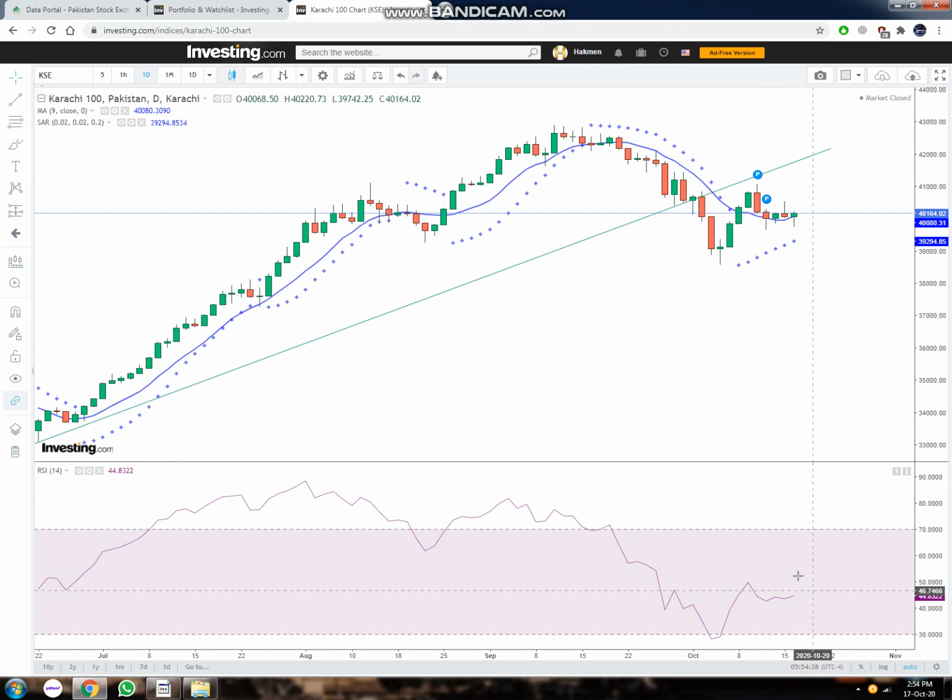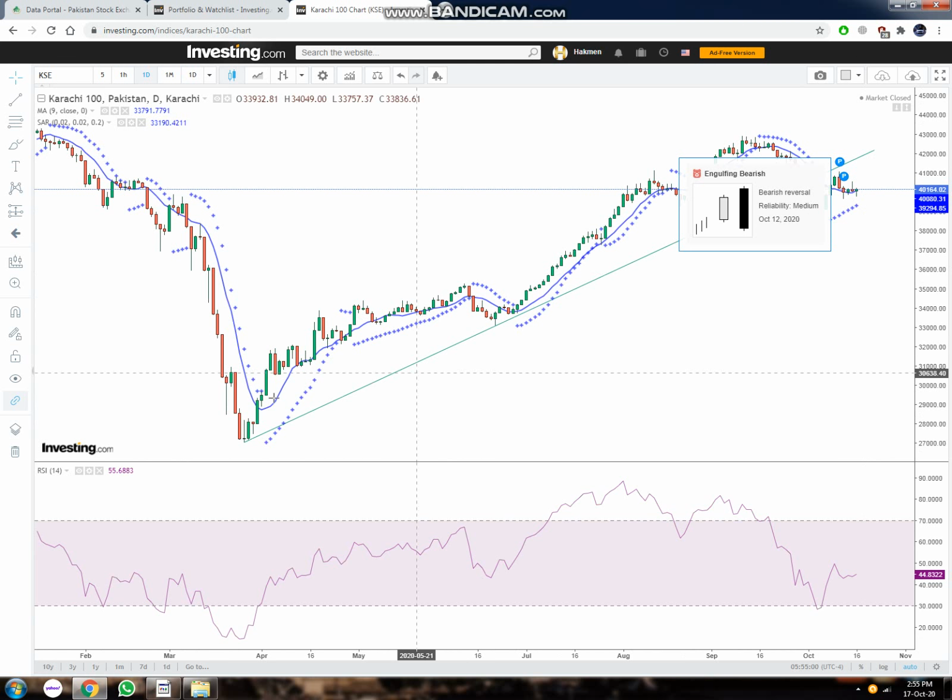It acts as an oversold area at the 44 level, and now it is a bit upward, but we can't consider it bullish. We will have to wait for another candlestick to be formed, and from that we will know the direction of the market.